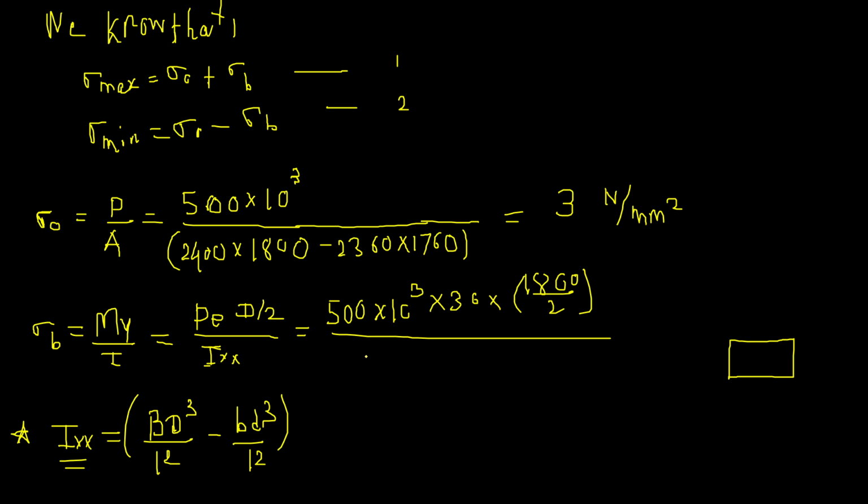Now substitute the values: capital B is 2400, D is 1800 cubed, divided by 12, minus small b which is 2360 into small d cubed, 1760 cubed, divided by 12.